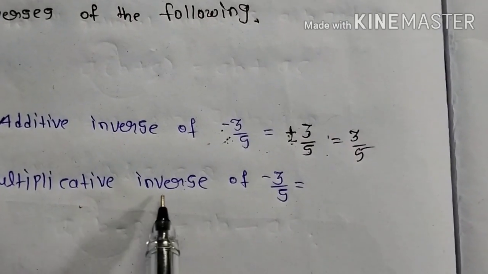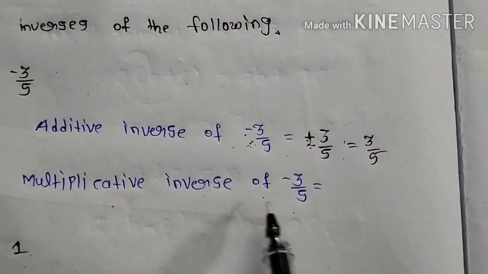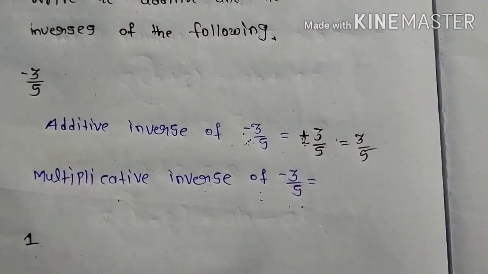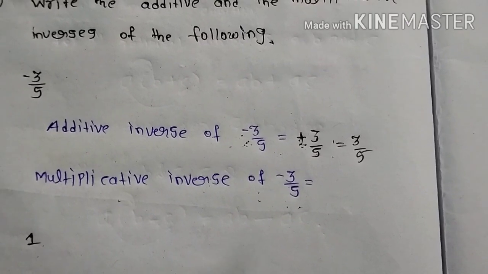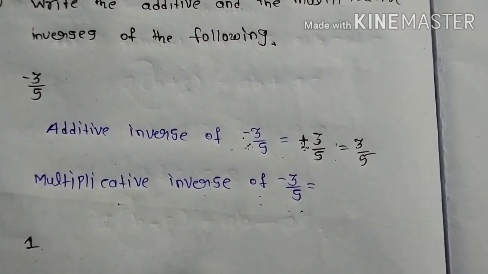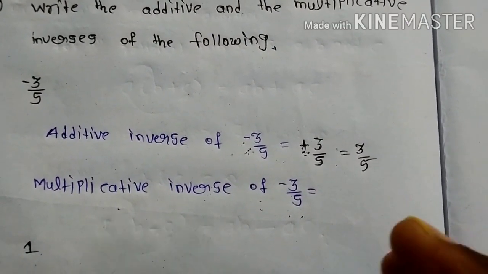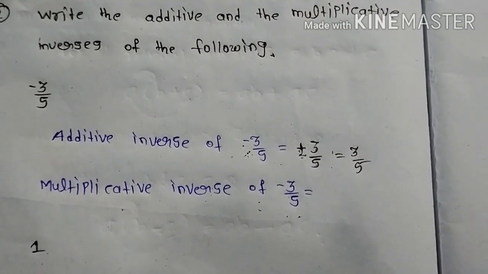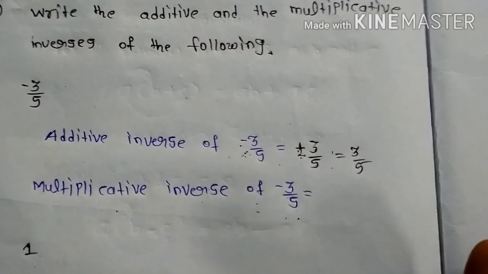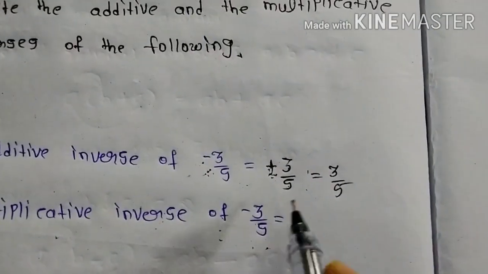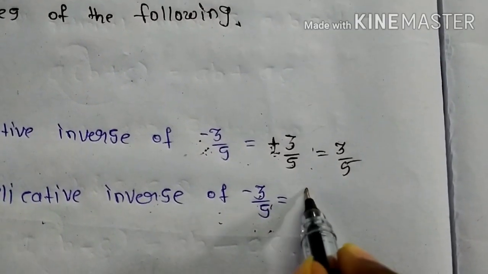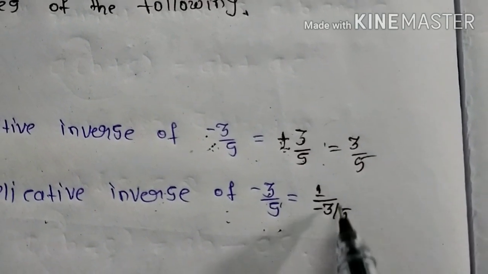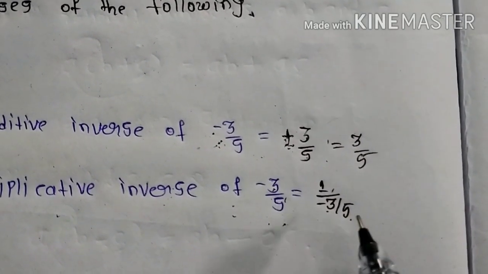Next, the multiplicative inverse of minus 3 by 5. I already told you, for any rational number, the multiplicative inverse is just the reciprocal of the number. You have already studied reciprocals in the seventh class. Here, the reciprocal of minus 3 by 5 is 1 by minus 3 by 5.